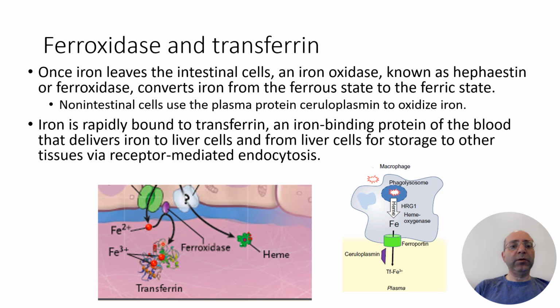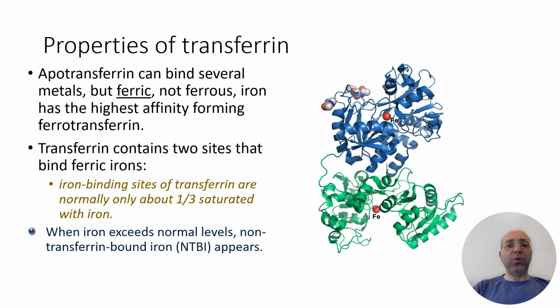Now, once iron is bound to the transferrin molecule, let's talk about the transferrin molecule. The transferrin molecule is capable of binding two iron atoms. So this is a dimer protein, and it can bind two iron atoms.